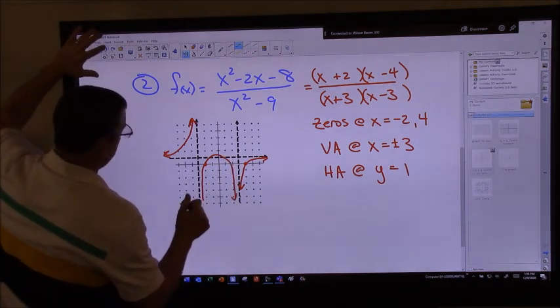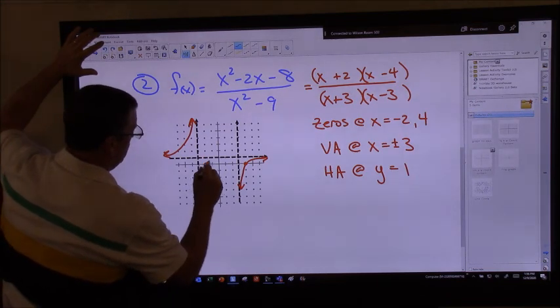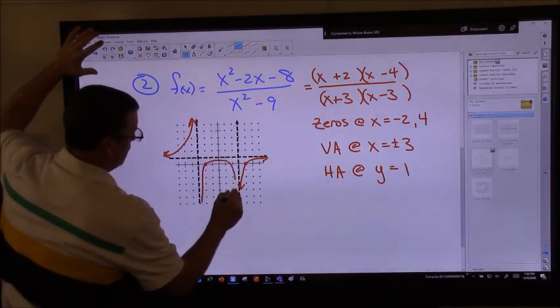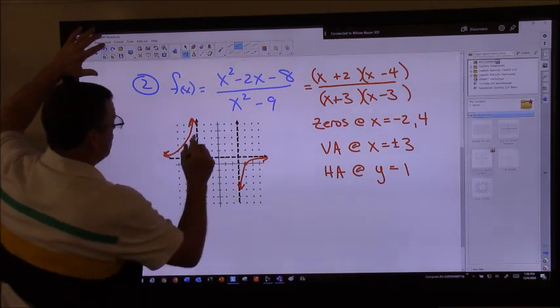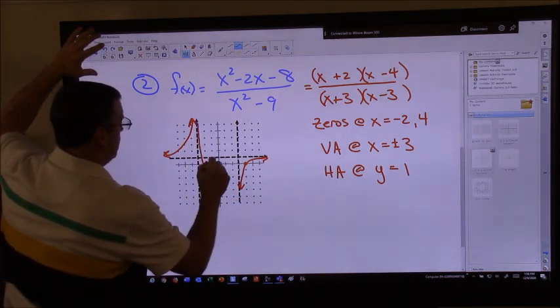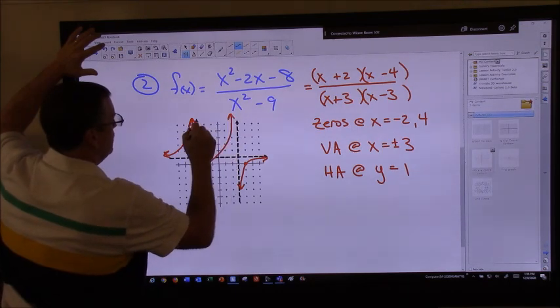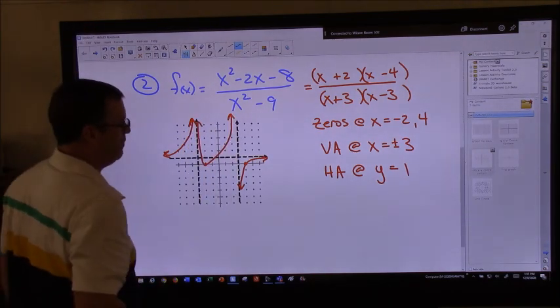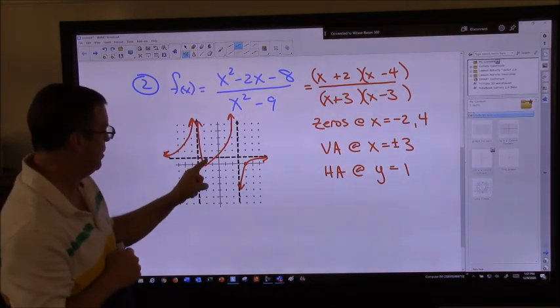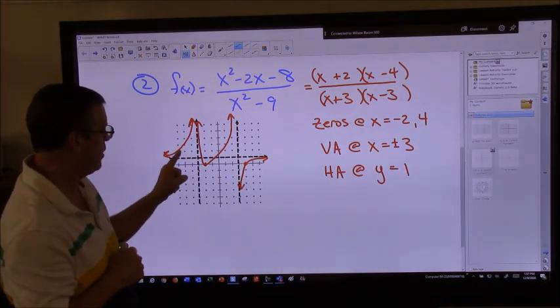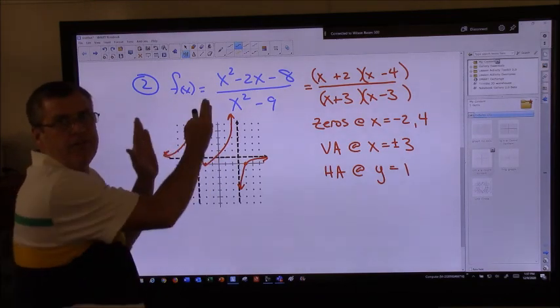It's possible the graph could go through here, not go above, and then come back down. Or it's possible that the graph could come down and bounce and go back up, if this had a multiplicity that's even. There's a lot of different things that can happen. But again, I want you to realize it's okay to touch a horizontal asymptote, never a vertical one.